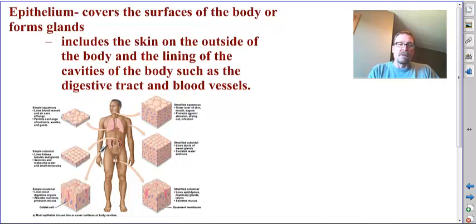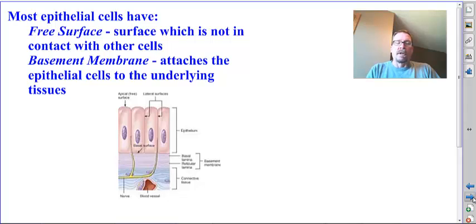You can see by this picture, it's showing you different types: squamous, cuboidal, stratified, simple. So that's really the function of it, as we're going to see, is both protection and transport, or allowing things to diffuse through as part of its protective feature and its permeability.